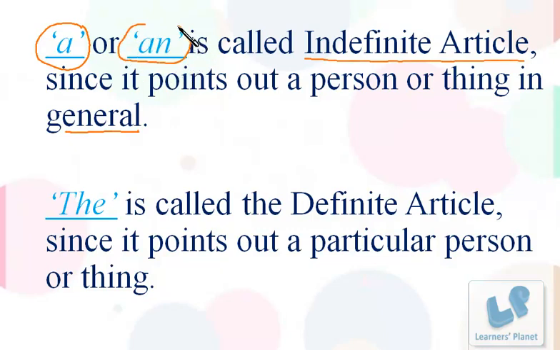They are just random. Okay? And the is called the definite article since it points out a particular person or a thing. This means that when we use the, we usually talk about some specified thing. Okay?